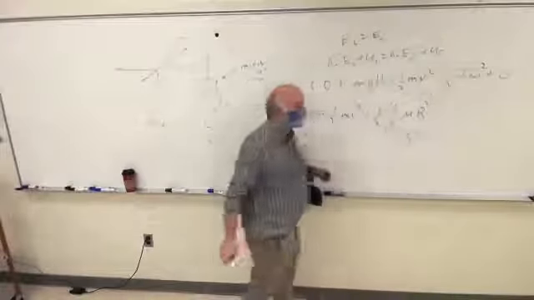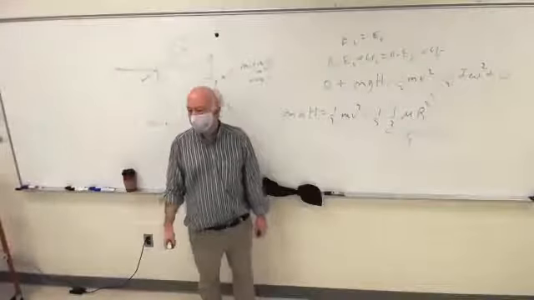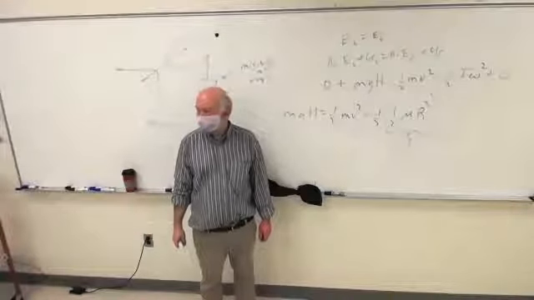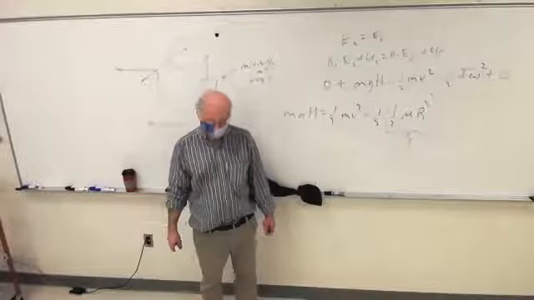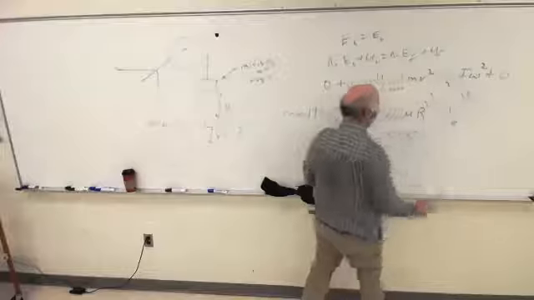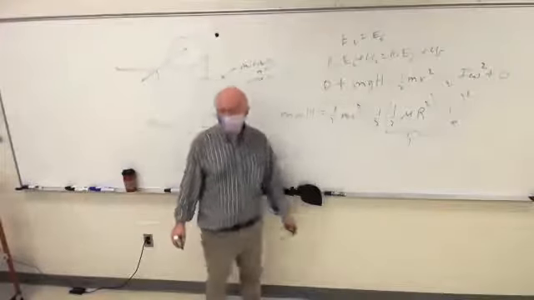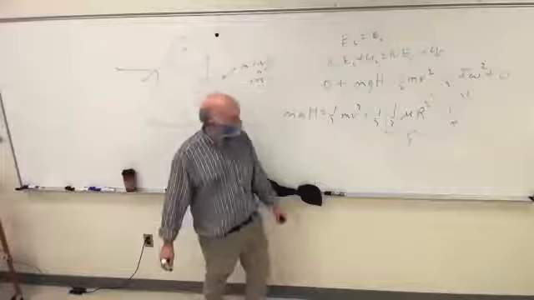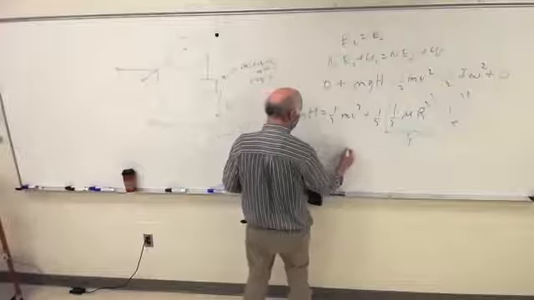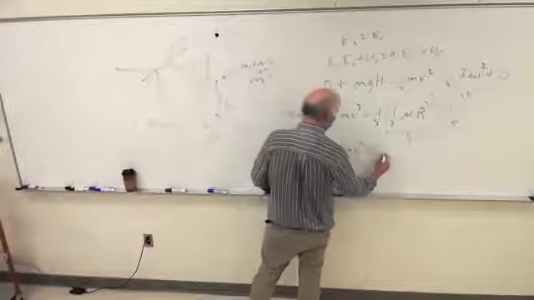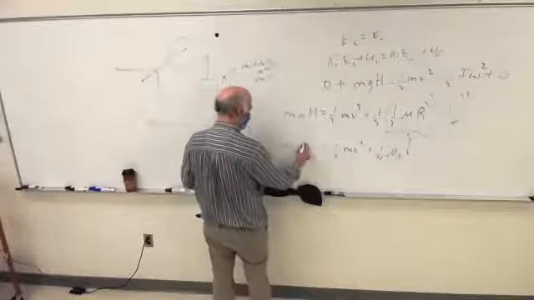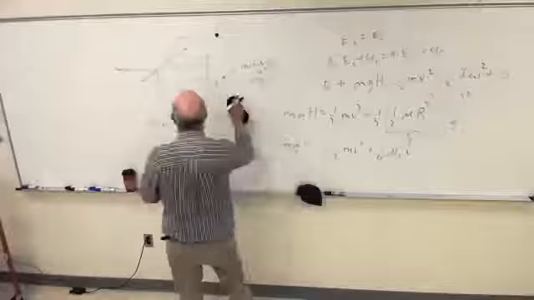What is omega? How do we write omega? It's v over r, quantity squared. What crazy thing happens with the R's? They cancel. So what am I left with? I'm left with 1/2 mv squared plus 1/4 mv squared. What would I do with that?